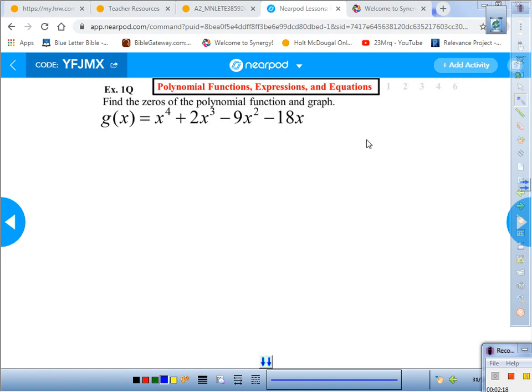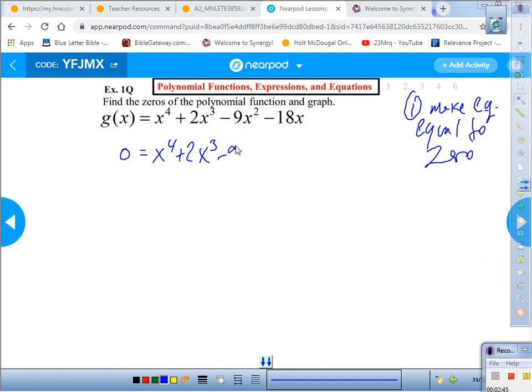So therefore, step 1 is make the equation equal to 0. So g of x turns into 0. We have x to the fourth plus 2x cubed minus 9x squared minus 18x.